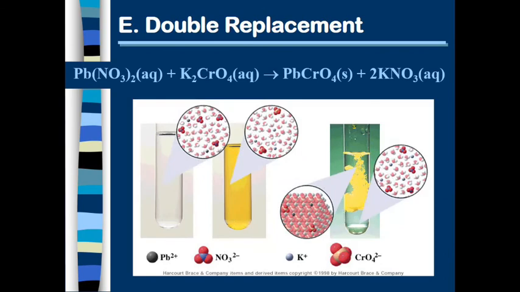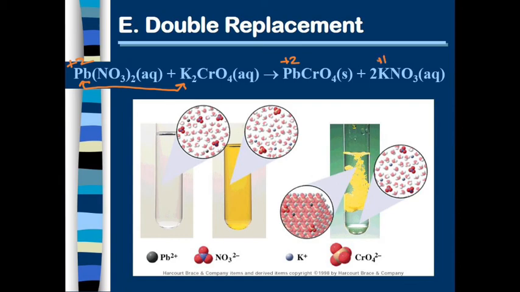In this example, again, we have 2 ionic compounds. Lead and potassium are our 2 metals, so think of them as swapping partners. Since you are predicting the products, then you have to look at charges. So lead over here had a +2 charge. It still has a +2 charge there.